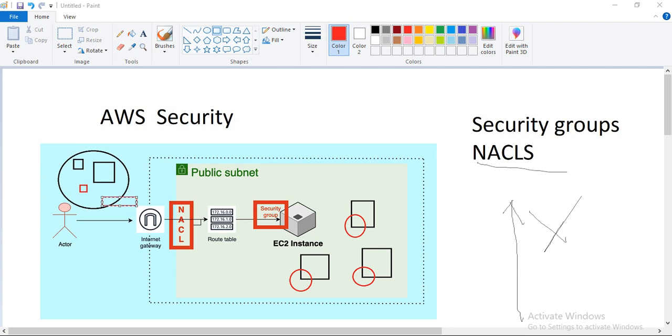One of the biggest things is that they are stateless, which means if an inbound rule allows traffic, the corresponding outbound traffic must be explicitly allowed using a separate outbound rule. We have separate outbound rules and separate inbound rules. Changes made in NACL rules may take some time to propagate to all the resources using the associated subnet. So these were the two things.